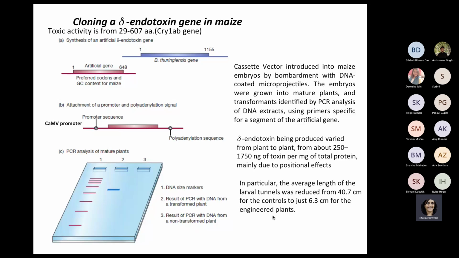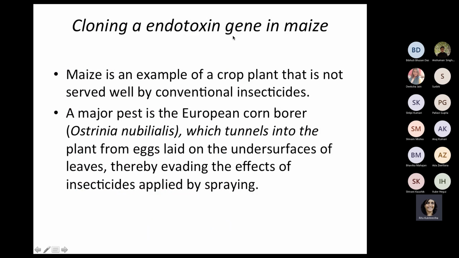And why was maize specifically chosen? BT maize was the first crop to be made because maize was a crop not very well served by conventional insecticide. Why? Because the pest which infects maize is the European corn borer, which tunnels into the plant from eggs laid on the under surface of the leaves.